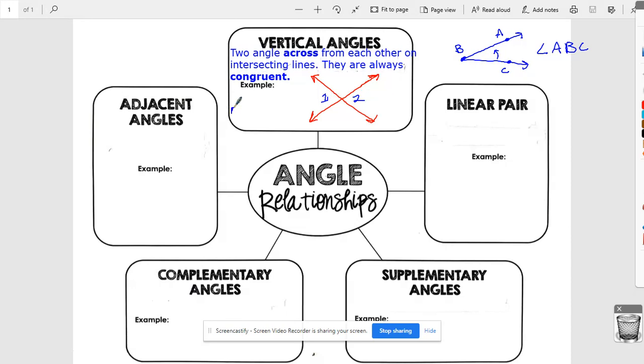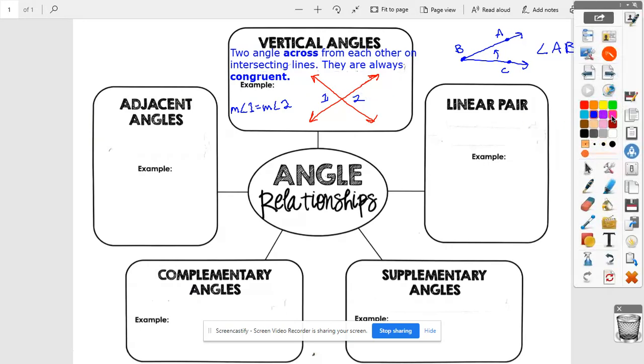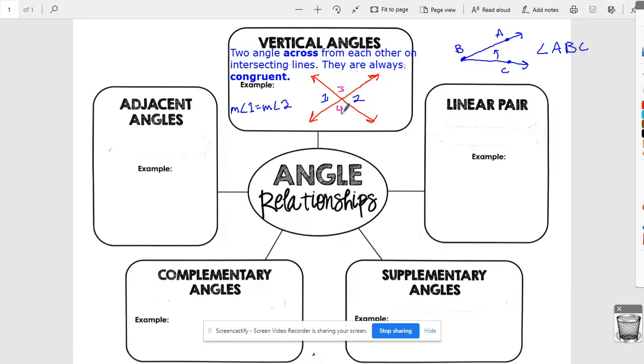So we could say that the measure of angle 1 is equal to the measure of angle 2. See how we have them across from each other? That means they are vertical angles. We could also have vertical angles on the other side too, like 3 and 4. Angles 3 and 4 would also be vertical angles. So we could also say that the measure of angle 3 is congruent to the measure of angle 4.